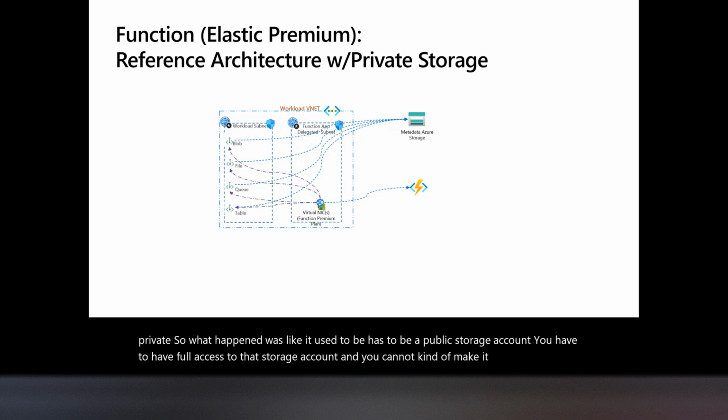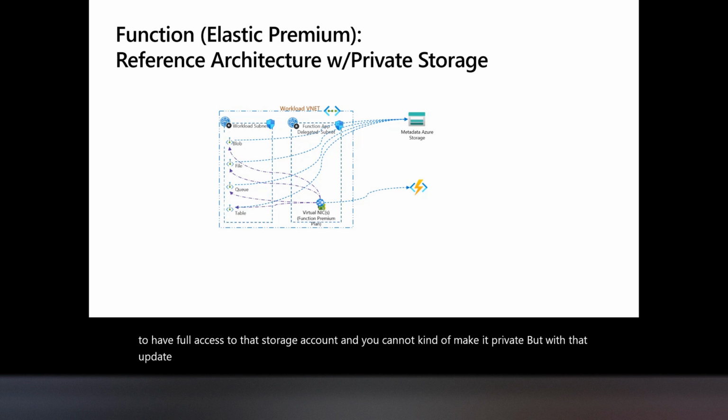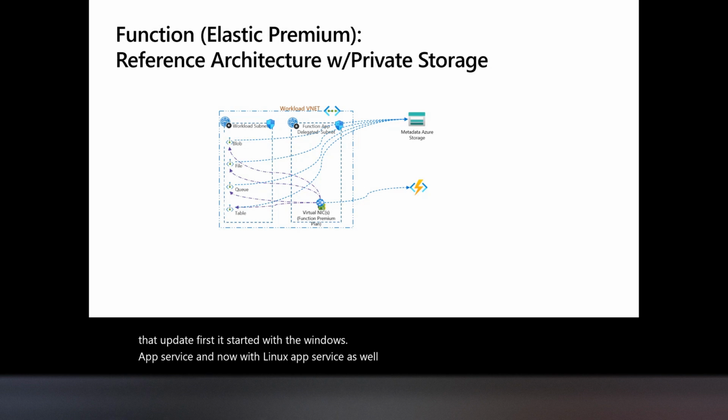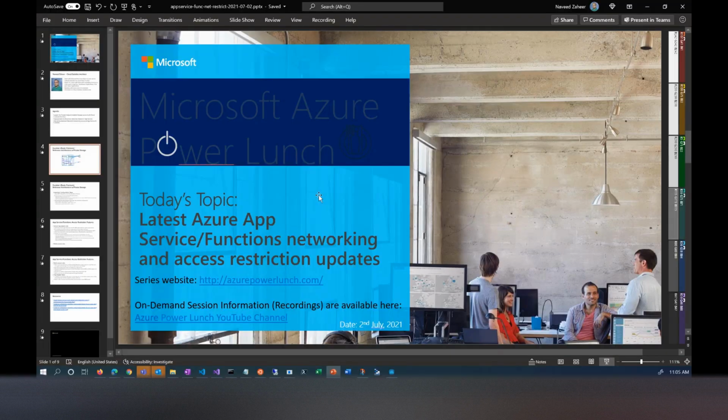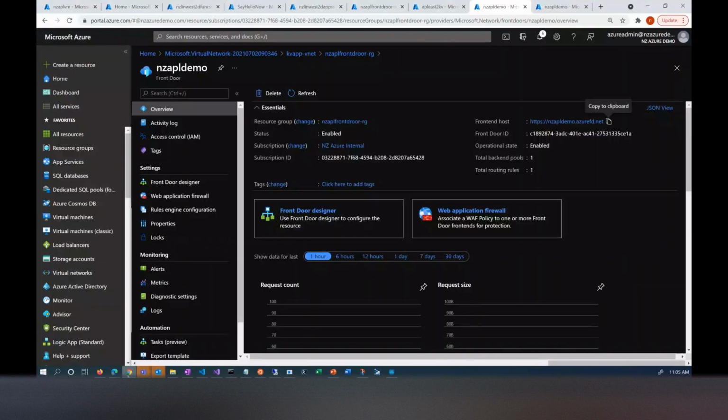But with that update, which started with Windows App Service and now with Linux App Service as well, you can have what we call a private storage account to support the metadata store of Azure Functions. So let's take a look at that in the demo, and we will come back to the slide deck as well for reference.